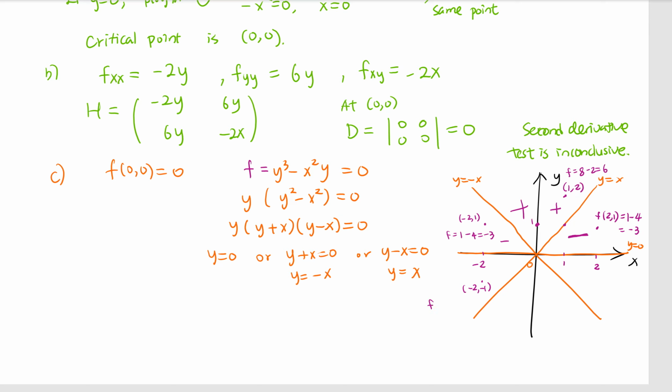Well, let's see. Negative 1 cubed is negative 1, minus negative 2 squared is 4, times negative 1 is plus 4. So we have 3. Oh, so this region is going to be positive.